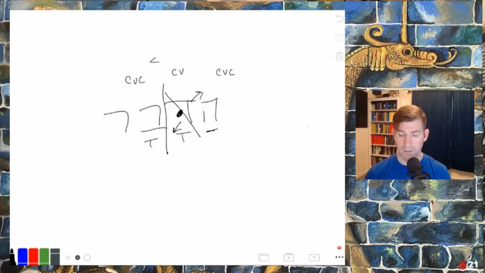The accent's here. Let's see if it works based on our rules. If the accent is on this syllable, we don't care. That can be whatever. We have a CV here in this syllable, and it's not accented. So if it's an open unaccented syllable, then it has to be a long vowel. And lo and behold, it is.